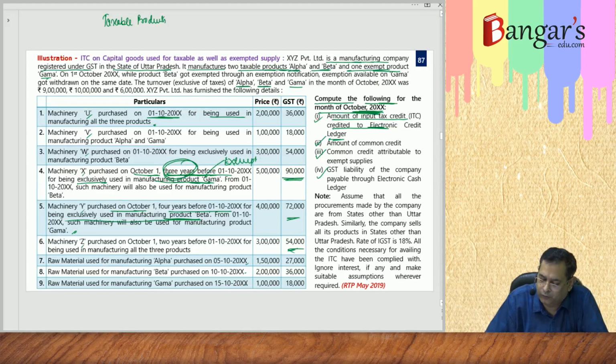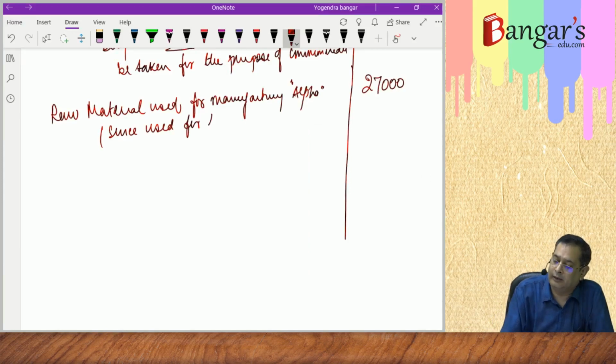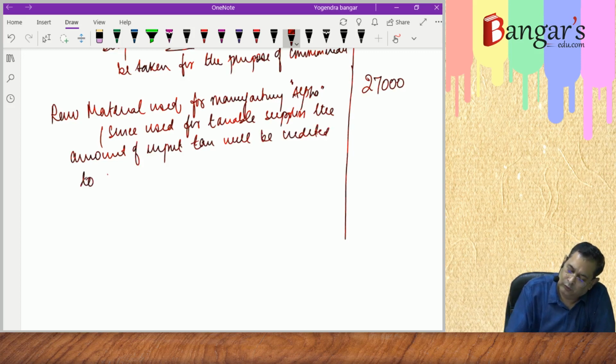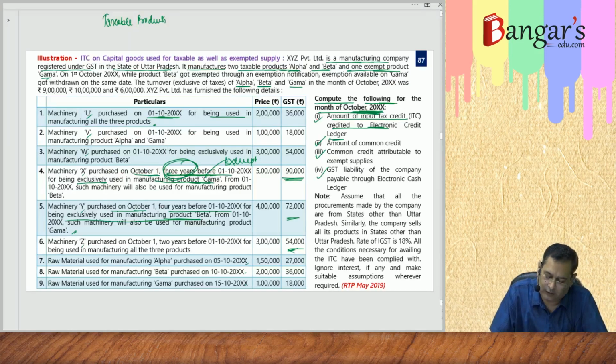Since used for taxable supplies, the amount of input tax will be credited to the electronic credit ledger. Same will be credited where? In the electronic credit ledger.